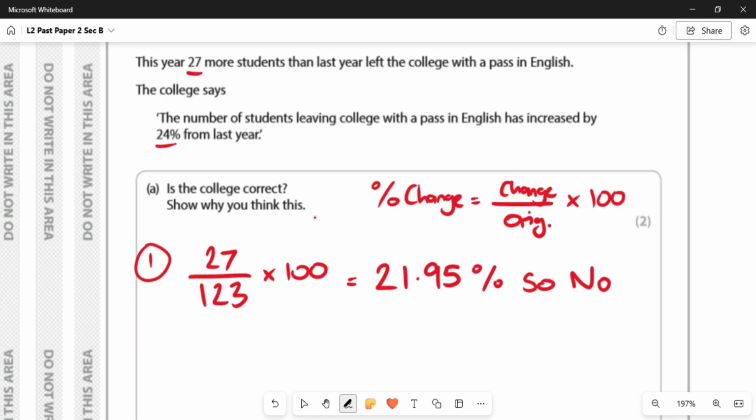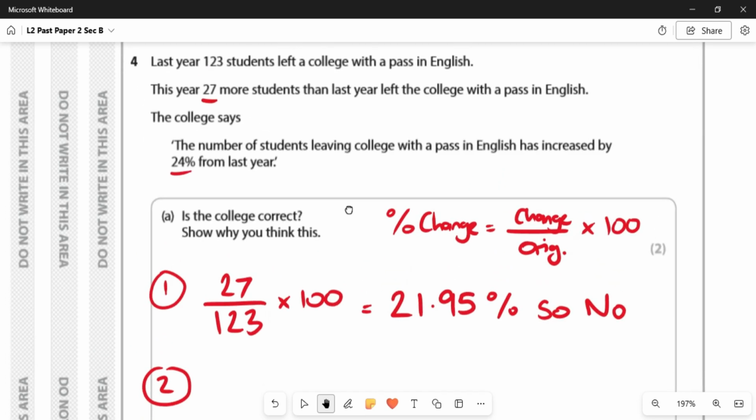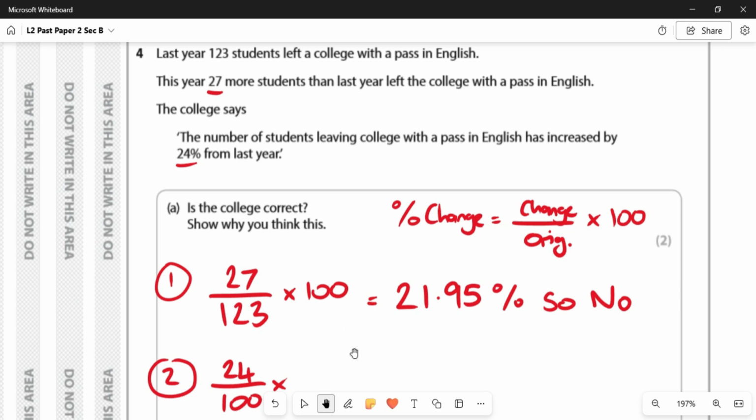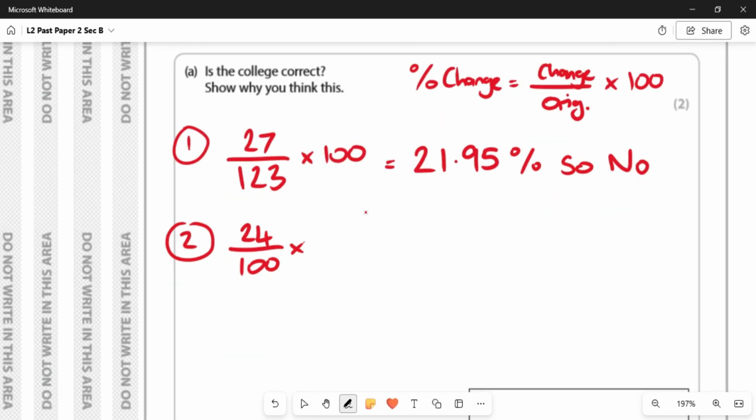Another way you could do it is you could actually work out what is actually 24% of the original and compare it with 27. So you could work out 24% of the original, which was 123. Let's work that out.